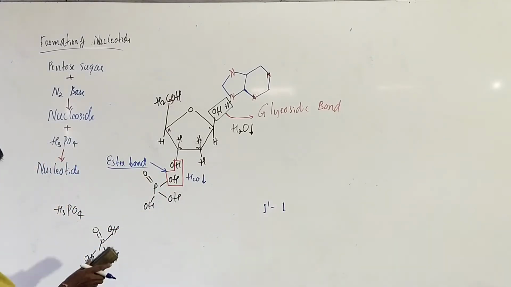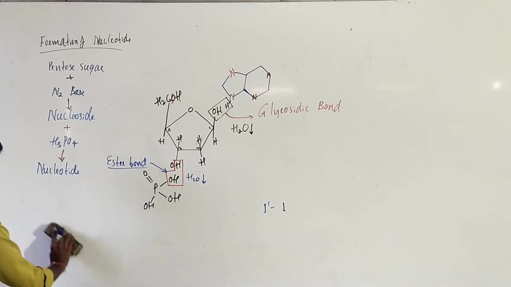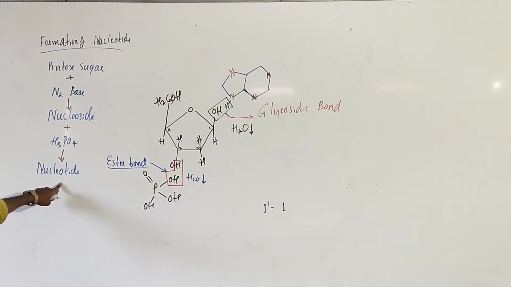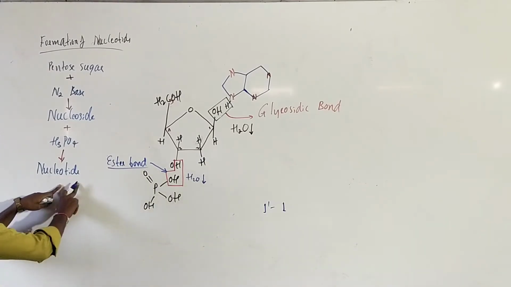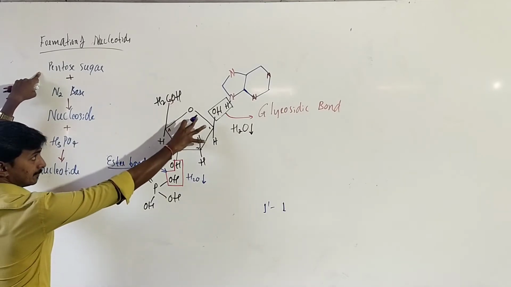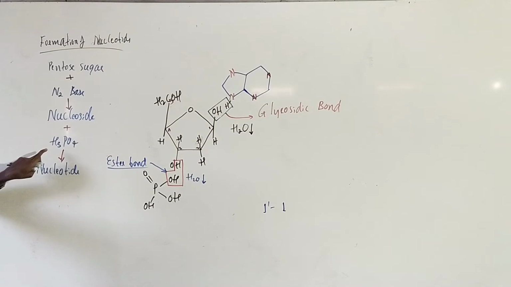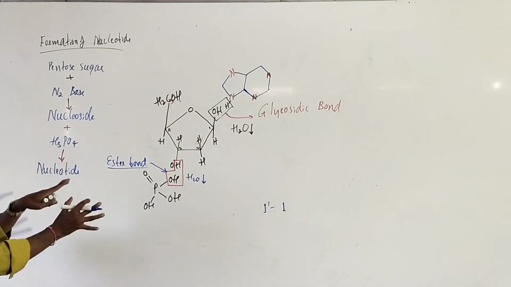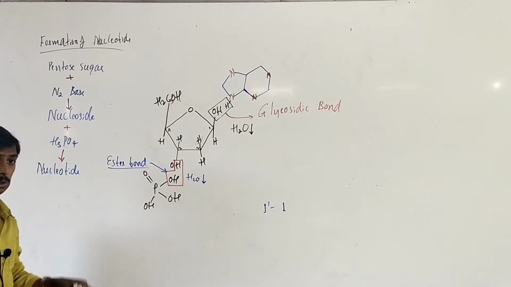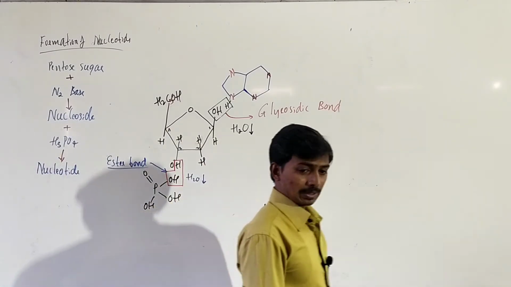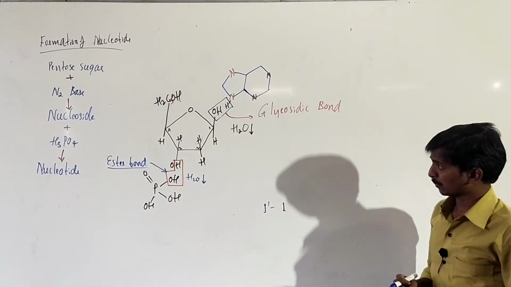Now this structure is called a nucleotide, where we have a pentose sugar, we have nitrogen base, and we have a phosphate group. So this structure is now called a nucleotide. Again, look at the diagram properly, look at the structure properly.